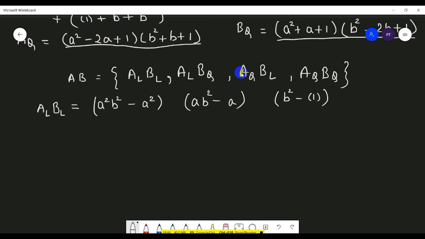Now using these linear effects of B, we will compute the linear effect of A. So this actually represents the linear effect of B when factor A is at high level. This represents the linear effect of B when factor A is at intermediate level, and this effect here represents the linear effect of B when factor A is at low level.